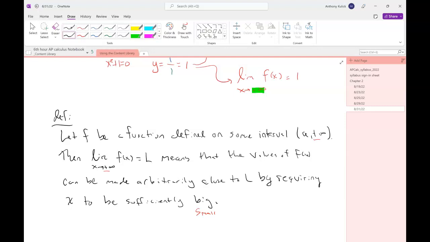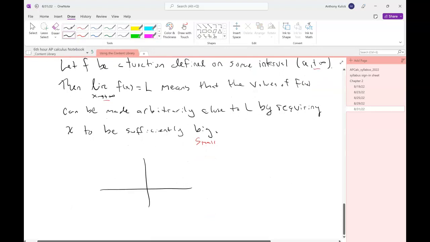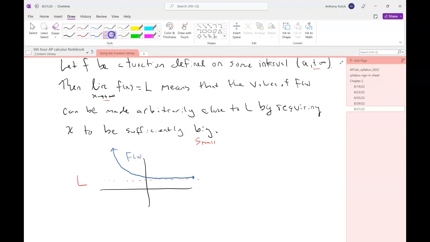Paul, can you explain this again? So here's L, right? Here's f of x. And that gap between L and f of x, I can get as small as I'd like, just by picking x's further down, right?